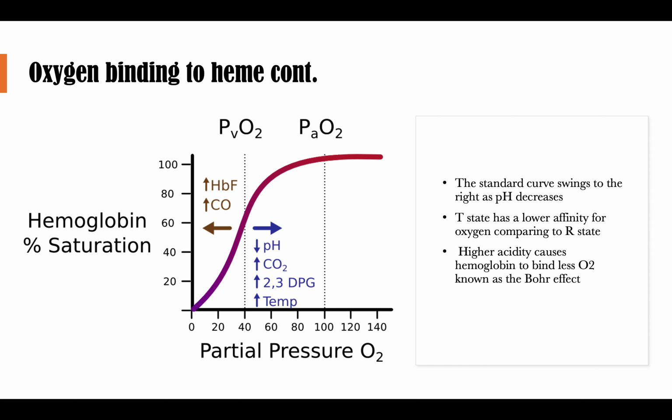Higher acidity causes hemoglobin to bind less O2 and more H plus. And this is known as the Bohr effect.